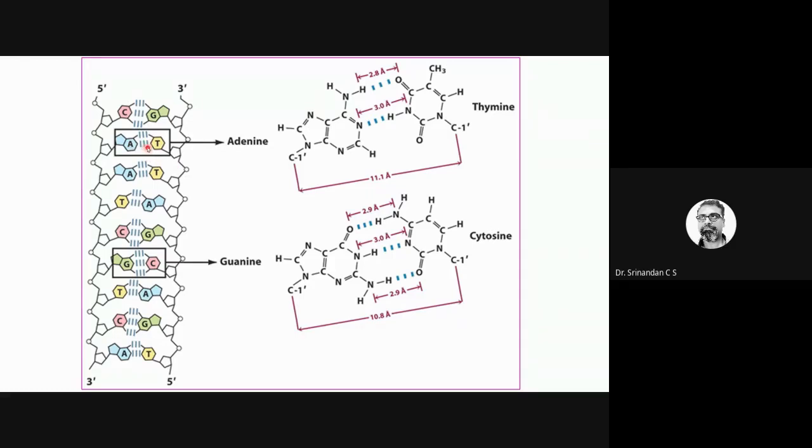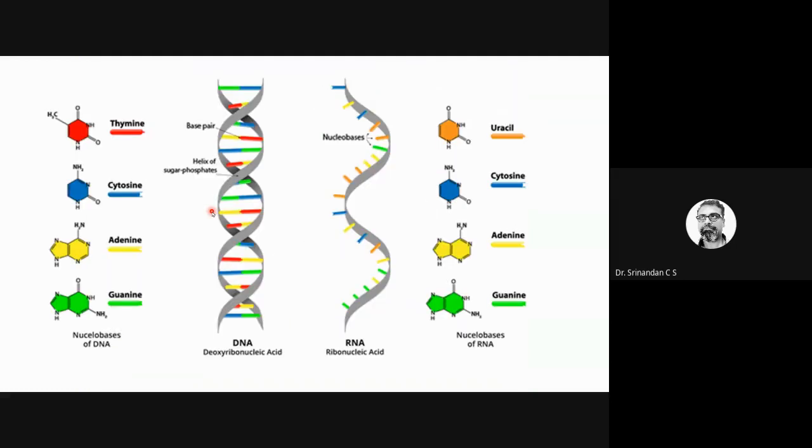If 40%, the rest should be C and G, isn't it? B has around 80% of A and T, and the rest 20% should be C and G. Okay, just skip that experiment for now. I'll tell you one more rule, and then I'll come back to that experiment.